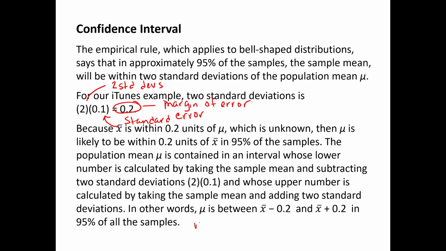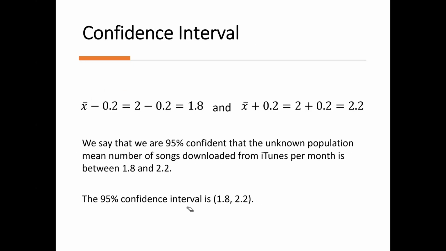And the margin of error in this case is calculated by, if I want to be 95% confident, then I know 95% is 2 standard deviations, so I take 2 standard deviations and multiply it by the standard error.